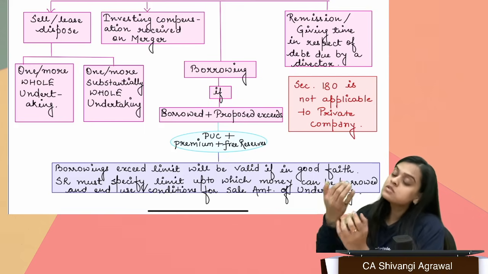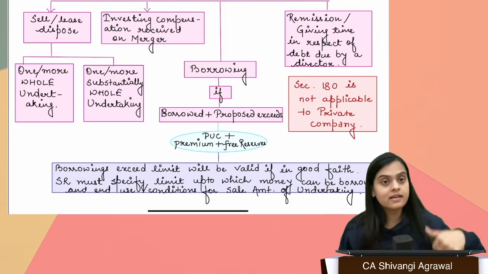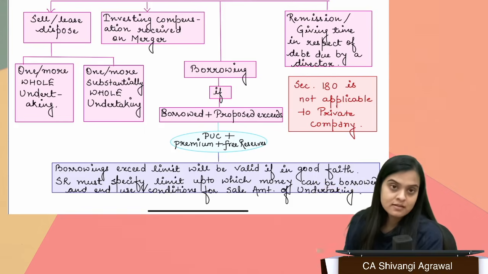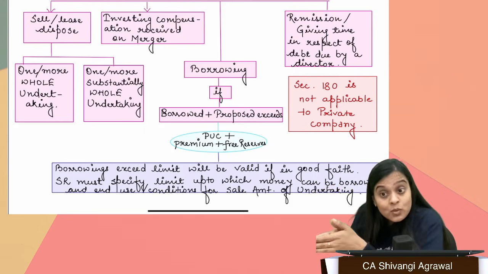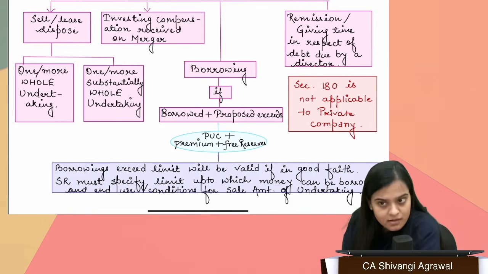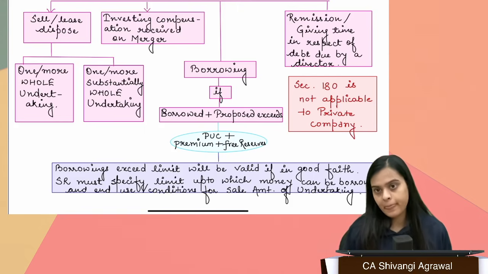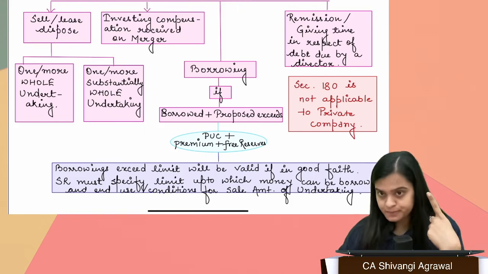Now, if I want to sell this entire undertaking, then I need SR. If I want to sell substantially this undertaking, that means 20% or more of this undertaking, then also I need SR. Clear? So that's the first point.